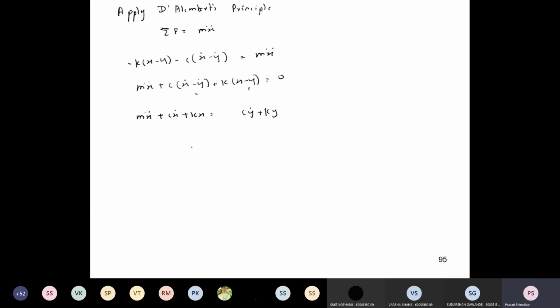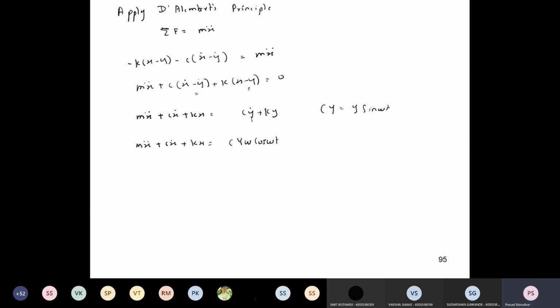Okay. And substitute y is equal to capital Y sine omega t in this equation. So this becomes mx double dot plus cx dot plus kx is equal to c into Y into omega into cos omega t.